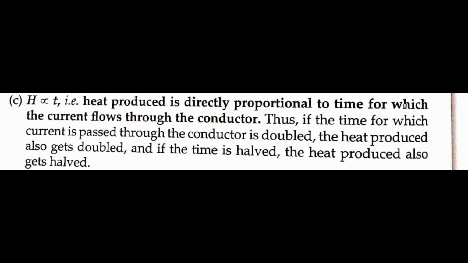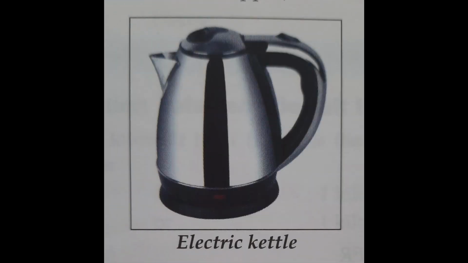If the time is doubled, the heat produced also gets doubled, and if the time is halved, the heat produced also gets halved. When we combine all these three, it becomes H equal to I square RT. That much we have derived in the equation now.